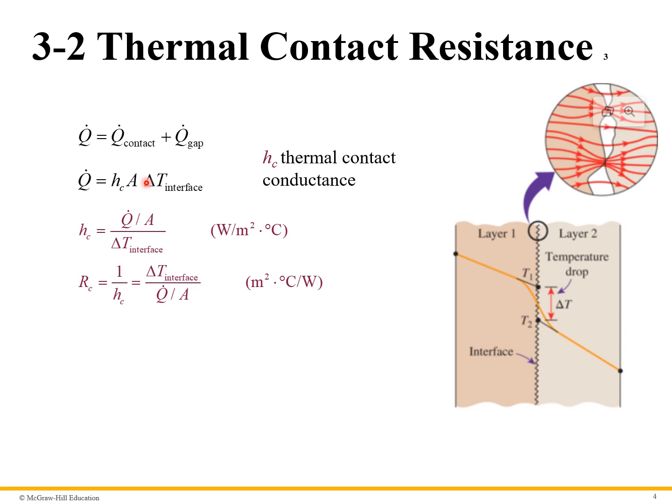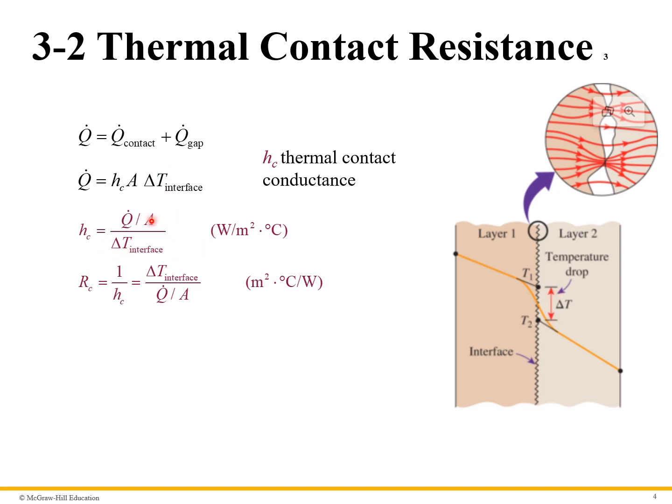So how do we treat this thermal contact resistance? Well, we simply define a thermal contact conductance, h_c. h_c is defined to be Q dot divided by A, divided by delta T of the interface. If you have an interface where two layers are coming together, there's going to be a temperature drop across that interface.